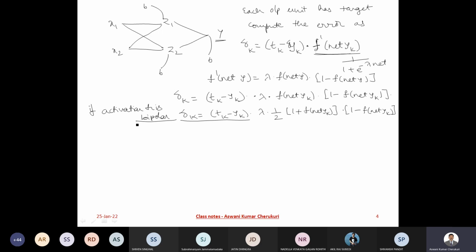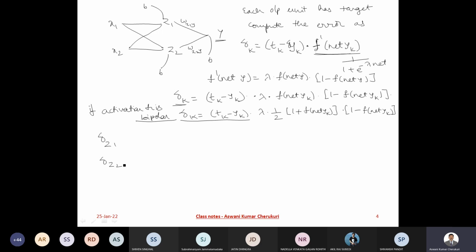So then what happens? This is wz1y. This is wz2y. Okay. So we calculated the error term, that is delta, for the output unit. The error gets propagated, and now we need to calculate del z1 and del z2.